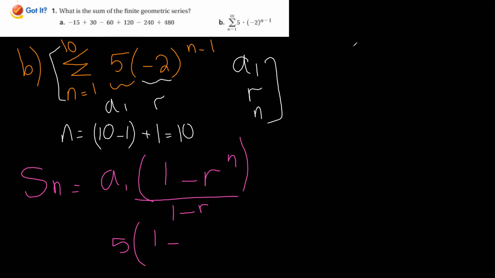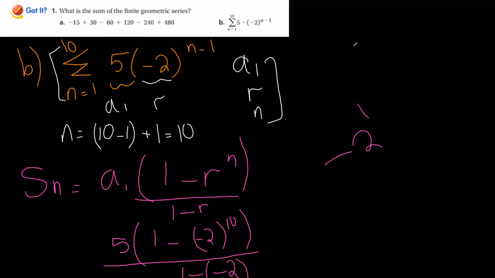N minus 1 is only for the explicit formula. 1 minus r, where's r? It is negative 2. And this negative 2 is raised to the power 10 over 1 minus negative 2. Don't forget, negative 2, not 2 only. On the calculator, if you want to write the answer, don't make it like this. It will tell you that it's negative 1024.